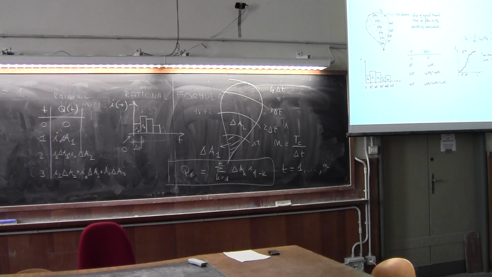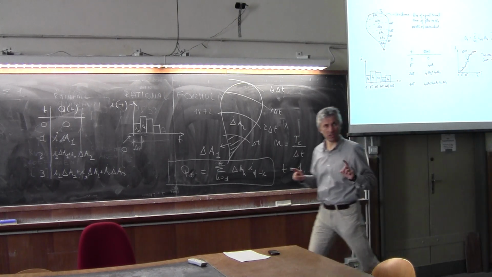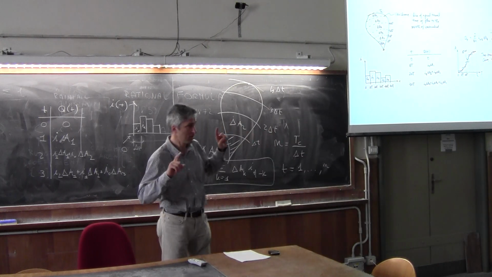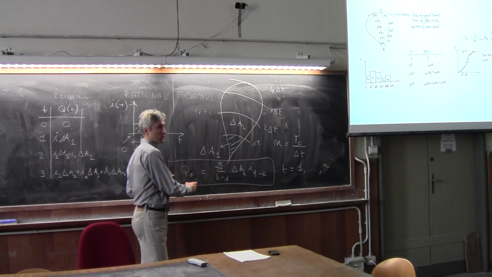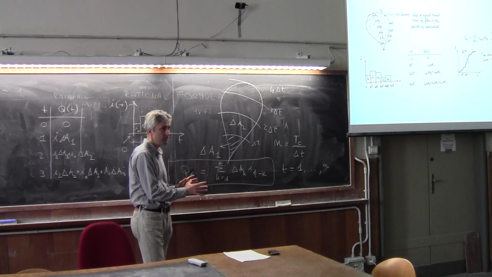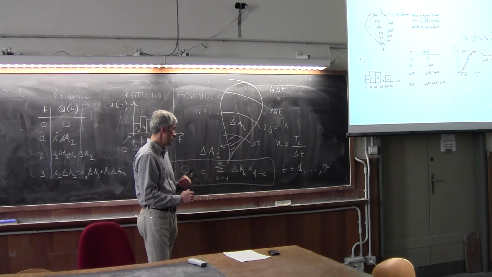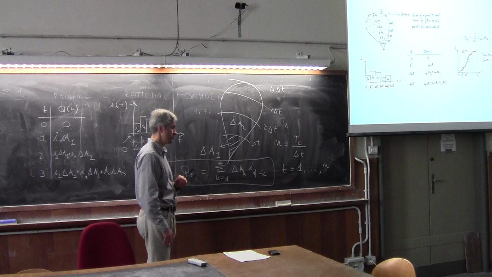So the question could be, is this model physically based or is it empirical? First, let me say that the model is linear. You have a linear relationship between rainfall and river flow.